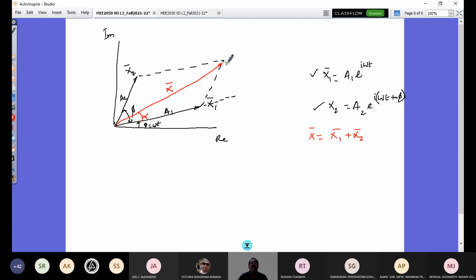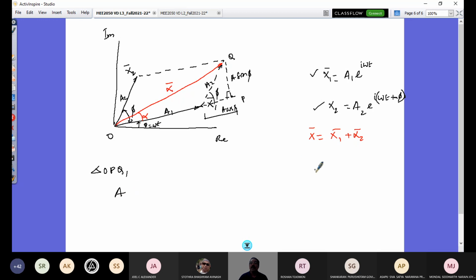So I'll extend this line and project this on this. Why do I do that? Because this forms a right angle here, and this vector is of the same length a2, and this angle here is the same angle phi. So the length from here to here is going to be a cos phi, and this length is going to be a sin phi. Now it's simple. From the trigonometry of triangle OPQ, I would be able to write my amplitude.